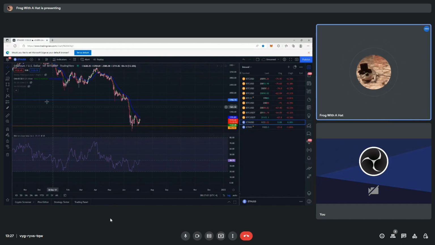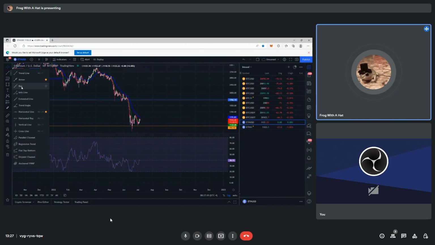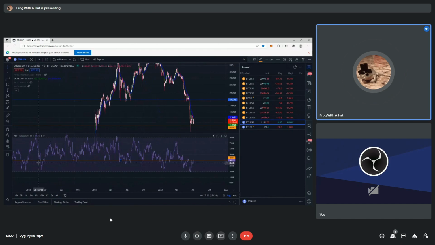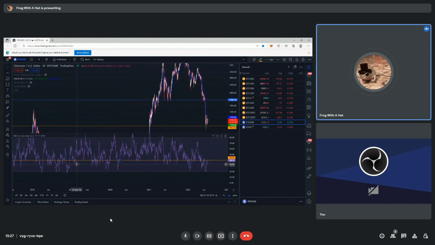Key point number one is the 40 line. If you look around, you can see that the RSI likes to touch it, bounce off of it, or break it. This is a key point right here.